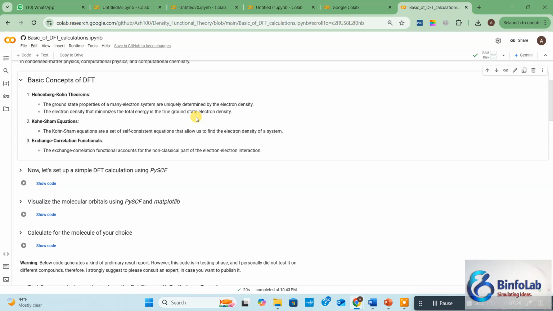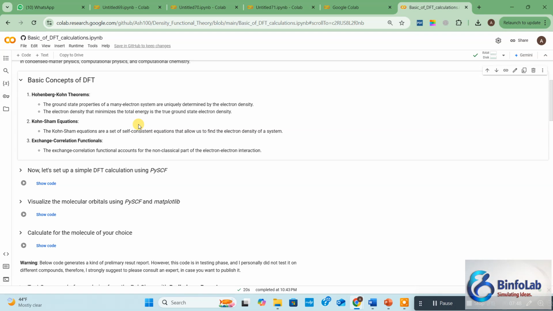But the true electron density will be regarded as the one achieved from the ground state, or in bioinformatics terms we call it the minimized state.